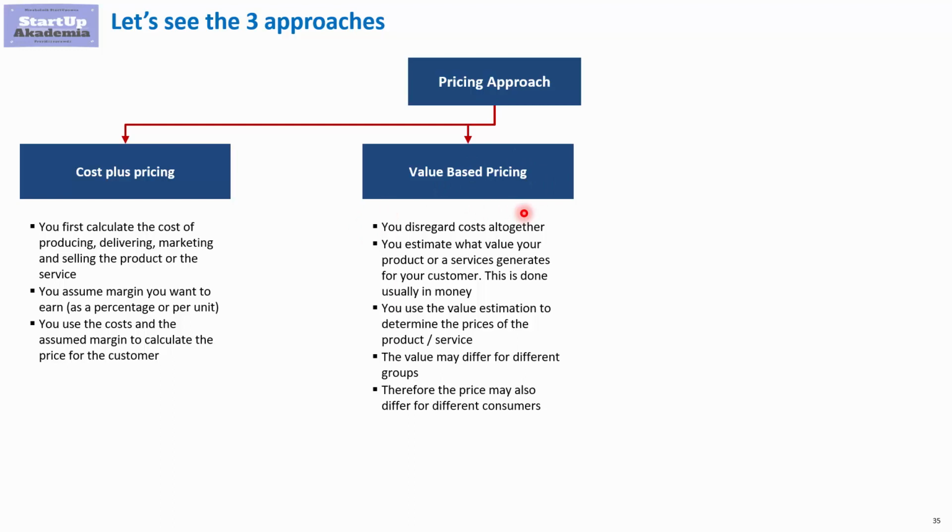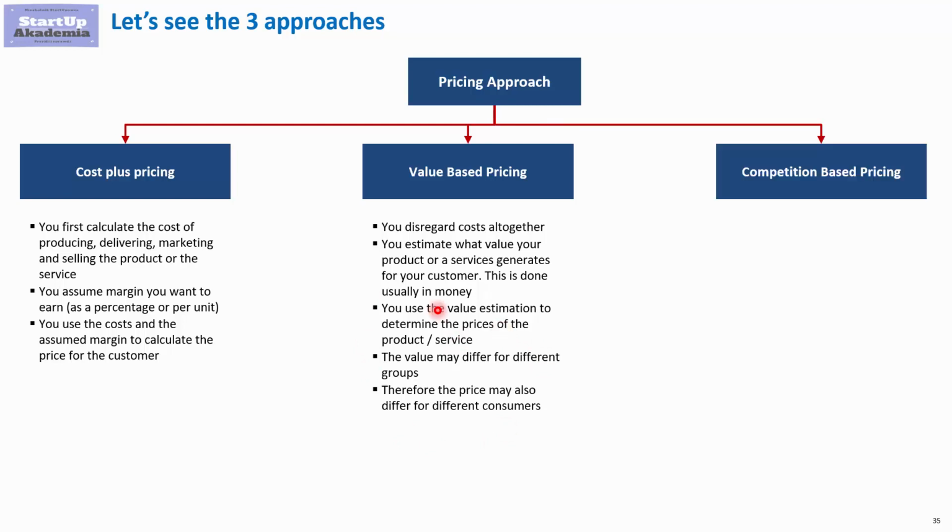This is not really that important when you set the price using this approach. In value-based pricing, most of all, you estimate the value the product generates for your customer, and this is usually done in money. This value can be different for different segments, and it determines the price for the product and service. Therefore, we can have a situation where the price we set for different segments may differ. So one customer may be paying more because he has bigger value coming from the product, and the other may be paying less.